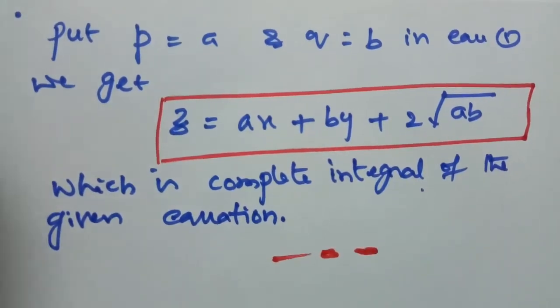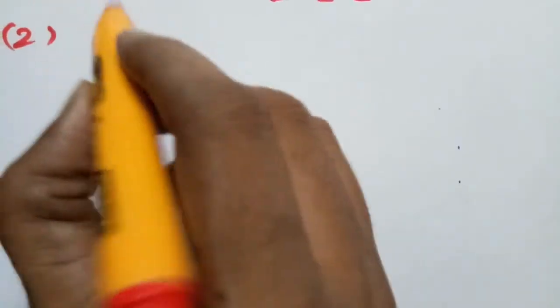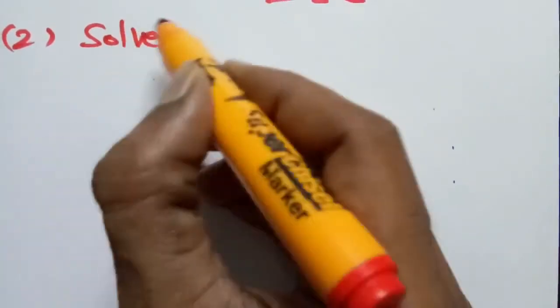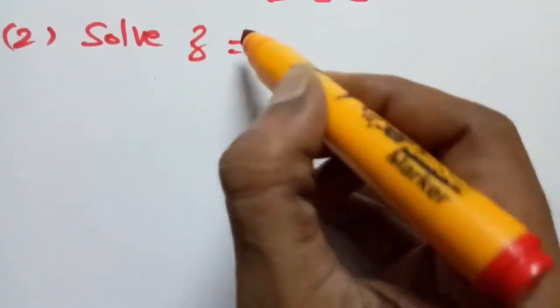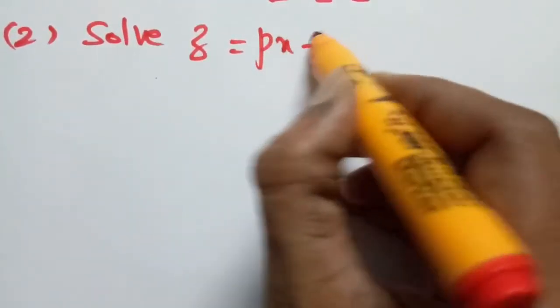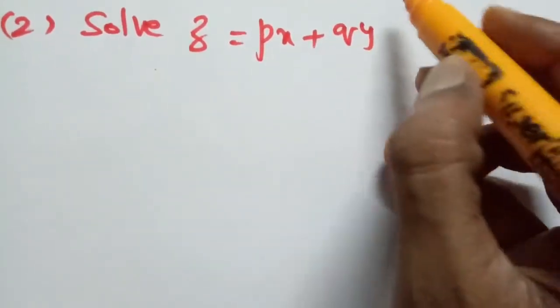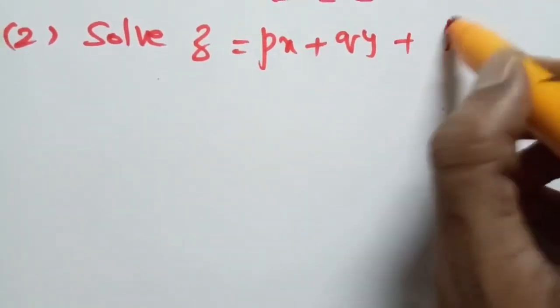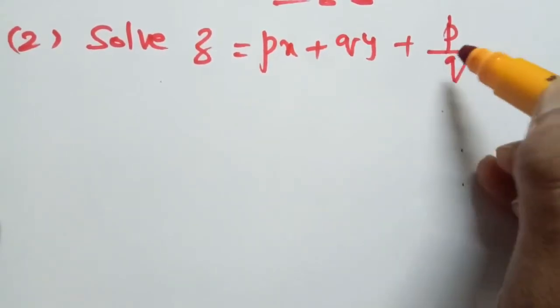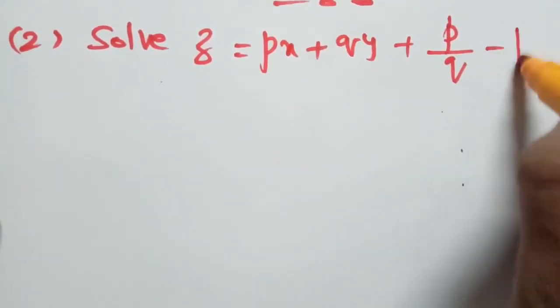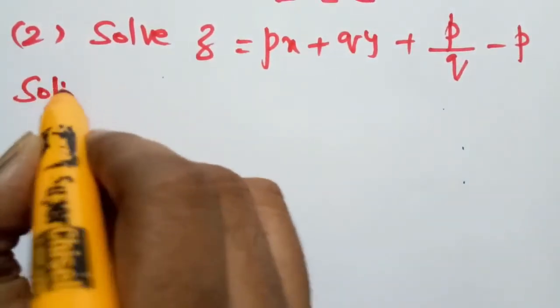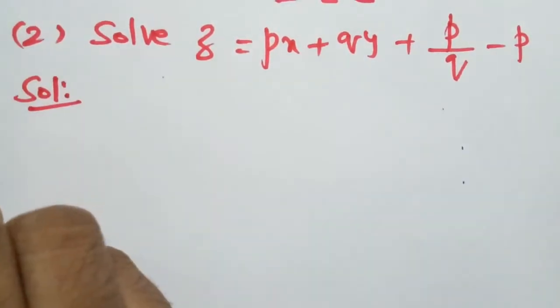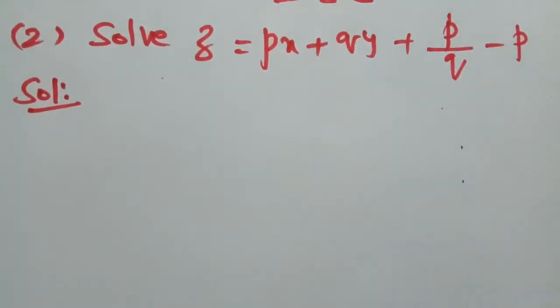Next, second one. Solve z is equal to px plus qy plus p by q minus p. Solution: first write down the given equation.